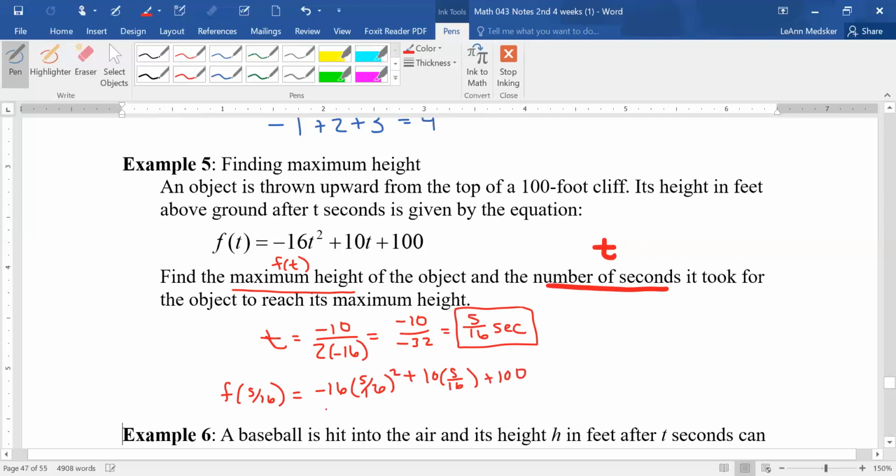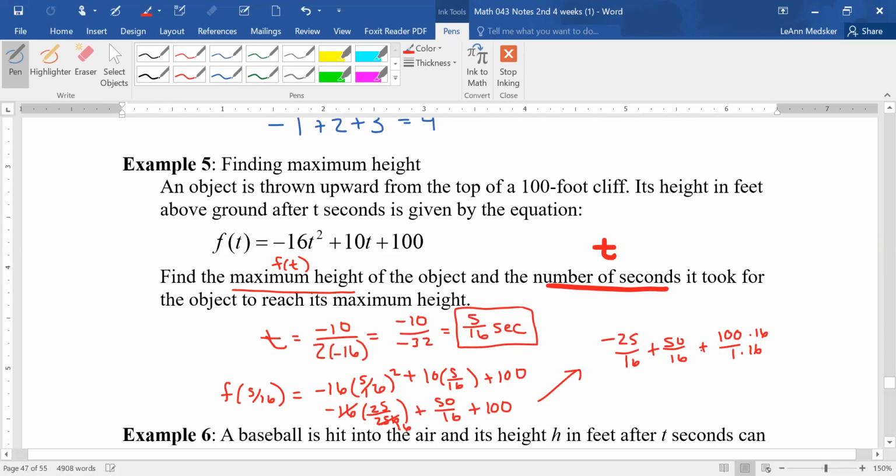You have to square this first, so that's negative 16 times 25 over 256 plus 50/16 plus 100, because 5 times 10, that's how I got my 50. 16 actually reduces into 256 and leaves you with a 16 in the bottom. So that's negative 25/16 plus 50/16, plus we need this guy to also have a common denominator. So if we put that over 1, we can times it by 16/16.